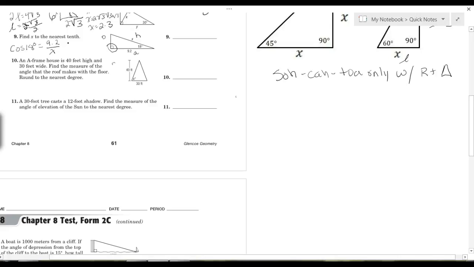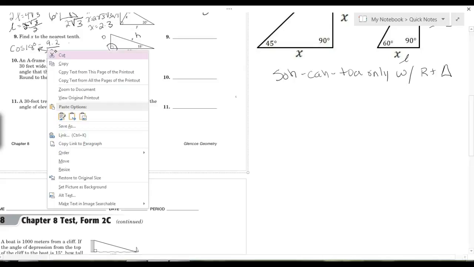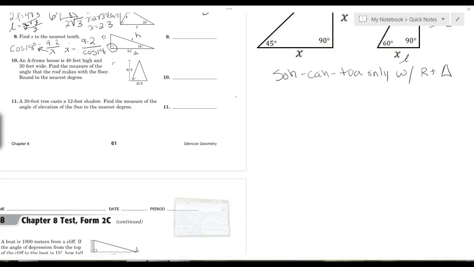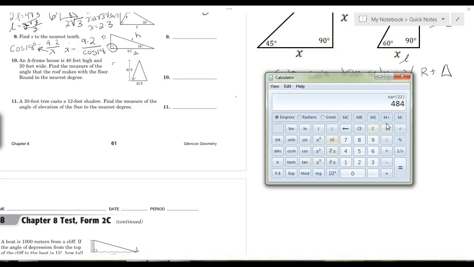So then doing some algebra, I'm actually just going to swap these two, because I'll end up multiplying this side by x, and then I'll divide it by cosine of 18. So x equals 9.2 divided by the cosine of 18. So I'm going to put that into my calculator. Here's my calculator.